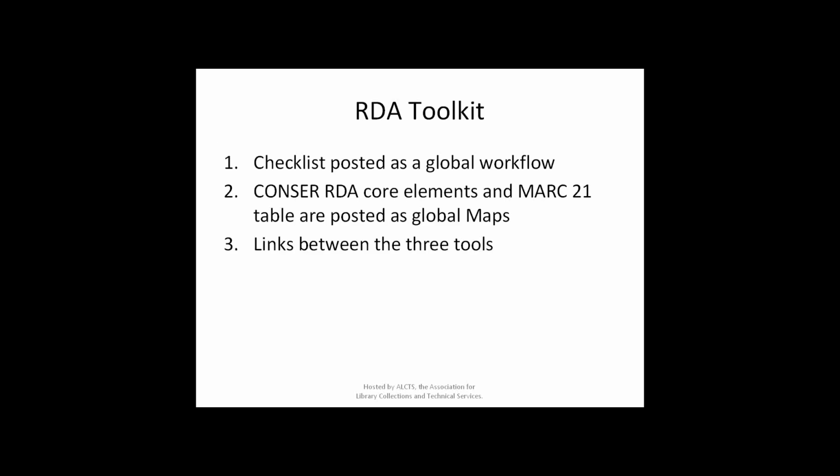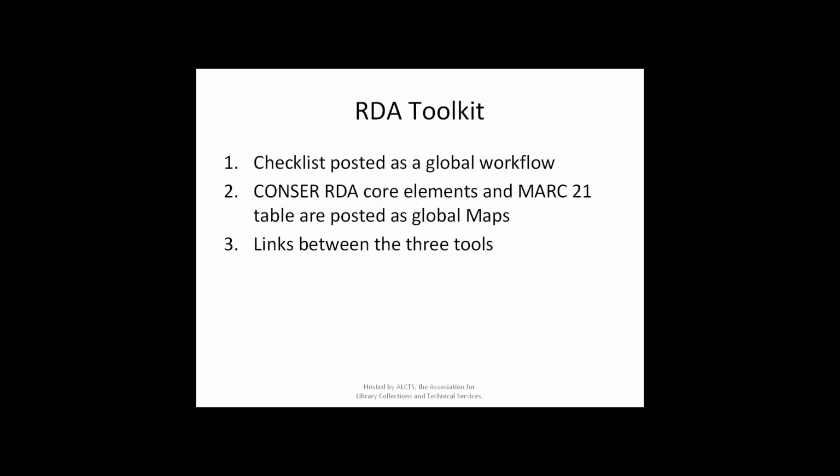I wanted to say a couple of things. These documents, the CONSER RDA core element set organized by RDA instruction and the MARC 21 flavor of those core elements, and the cataloging checklist, are available freely on the CONSER website. They are also posted in RDA Toolkit.